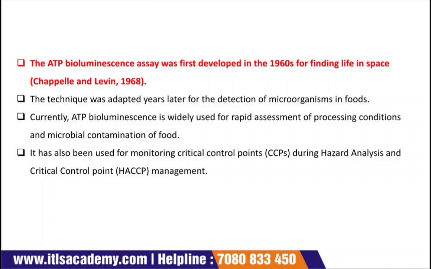They first developed it and used this method for finding life in space, because ATP has the characteristic that it can be present only in living cells. So the technique was later adopted for the detection of microorganisms in food.